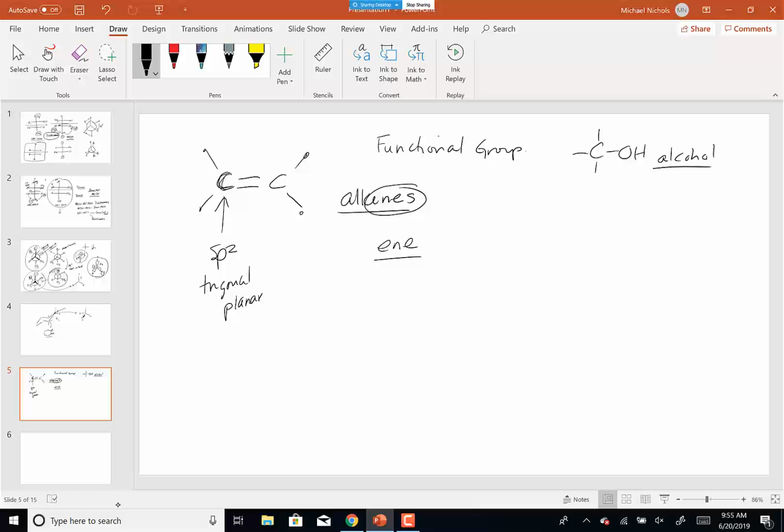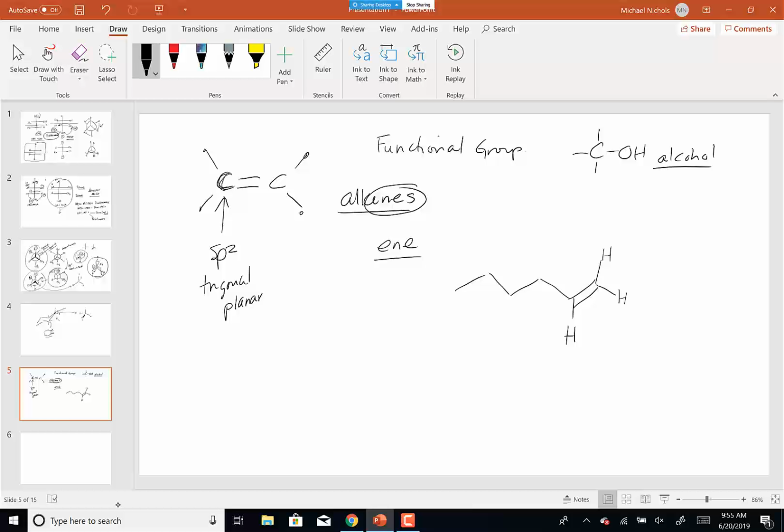So if you had, for instance, that alkene, we're still going to locate the longest continuous carbon chain in the molecule, but now our rules say that you have to locate the longest continuous carbon chain that contains the carbon-carbon double bond.